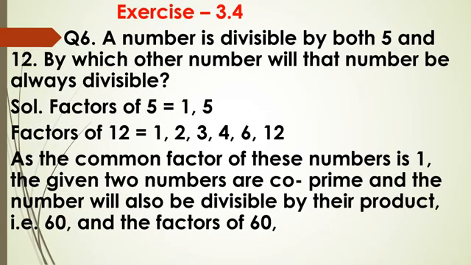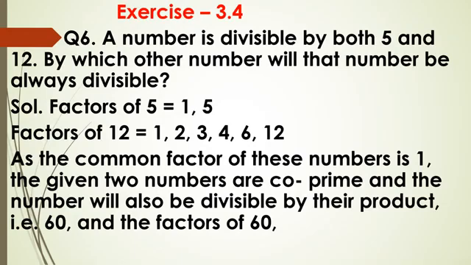And this is one of the divisibility rules, beta, that if a number is divisible by 2 co-prime numbers, then it is also divisible by their product. That means that number is divisible by 5 multiplied by 12, that is 60, also.